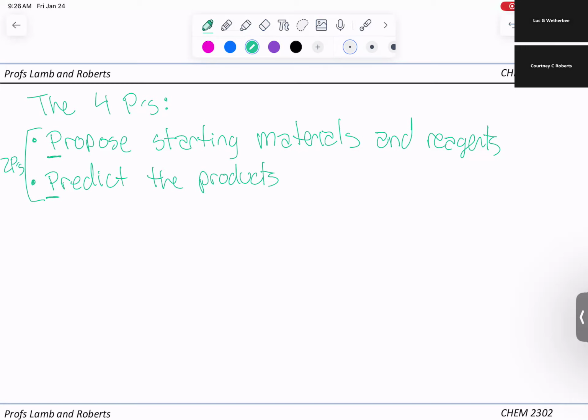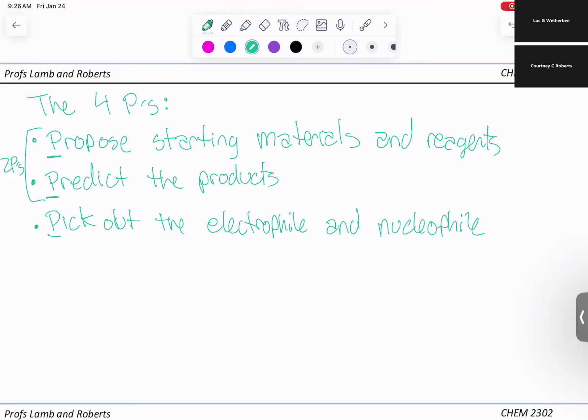And when we talk about the 4 Ps, we're talking about mechanism questions, those pesky arrows that you have to push around, all right? And we start that with picking out the electrophile and the nucleophile. All right, that's just what we did today.